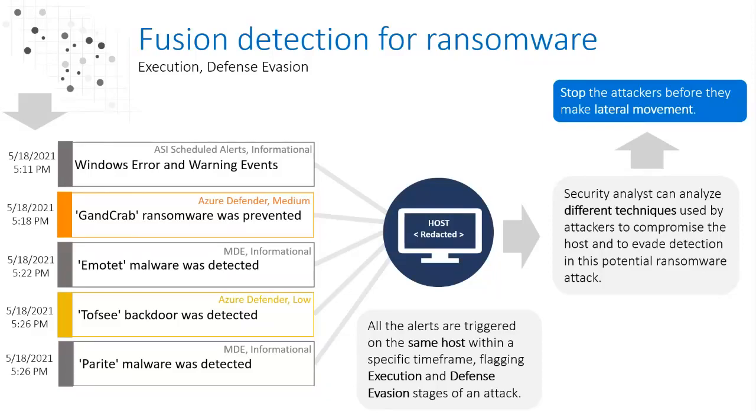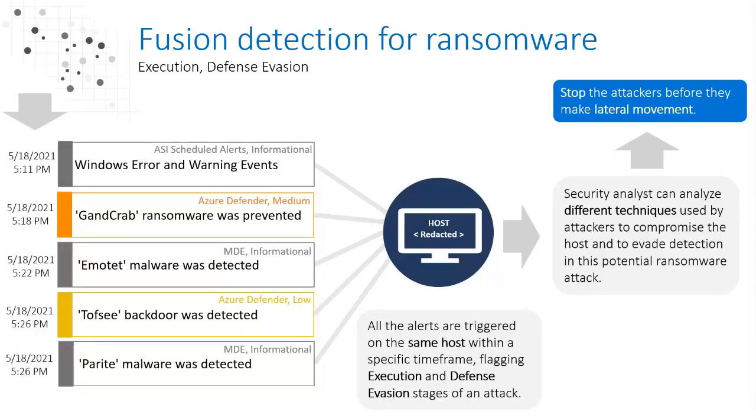So the Emotet malware was detected, the backdoor was detected. These alerts show you the possible techniques used by the attackers within the same incident. So you can look at these anomalous signals and investigate to determine if this is a true attack within your environment.